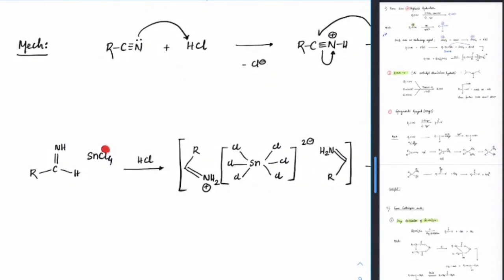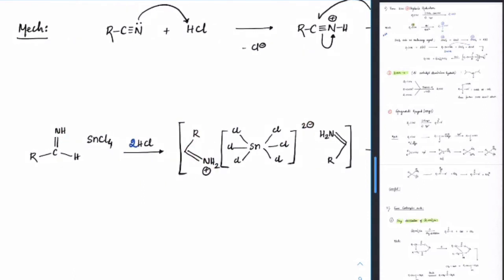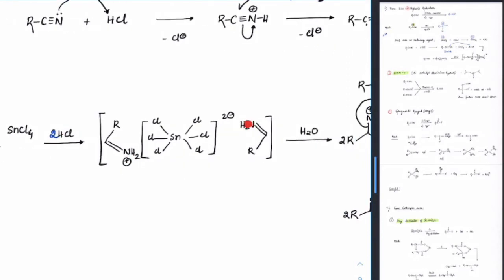Once that imine with SnCl4 is present with another 2 moles of HCl, we can see this complex is forming SnCl6 2-, whose charge is balanced by this imine with H+, NH2+, NH2+, here also plus.